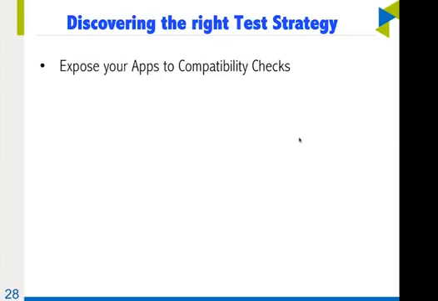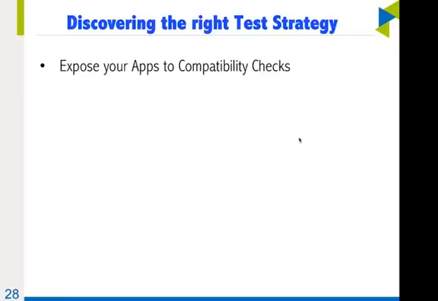The first strategy we should have is to expose your apps to compatibility checks. You should make sure that your app is compatible with the device that your user has. So compatibility testing should be the first testing that, as a mobile tester, you perform on your mobile app.